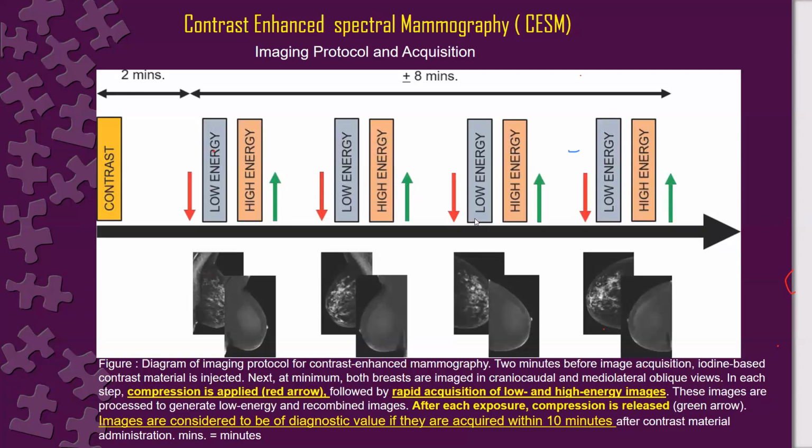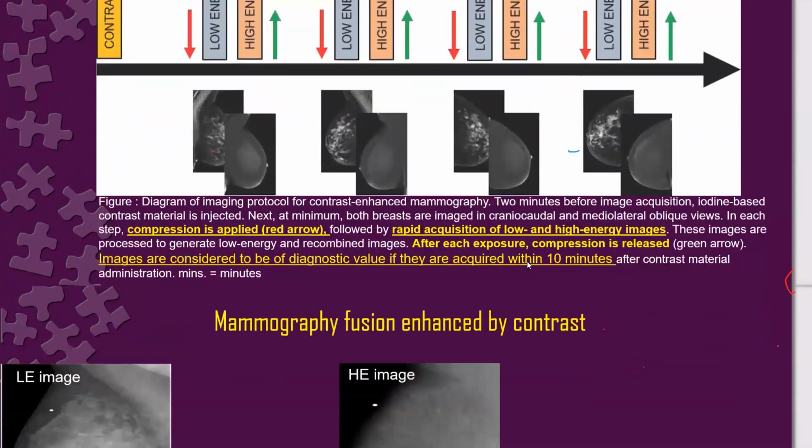Release the compression. Go back to the contralateral breast, taking the CC view, low and high. Release the compression. Go back to the other breast, do low and high. So with the same compression, take both low and high energy, and try to make it very quick, as we mentioned. The images are considered of diagnostic value if they are acquired within 10 minutes. Is it clear?